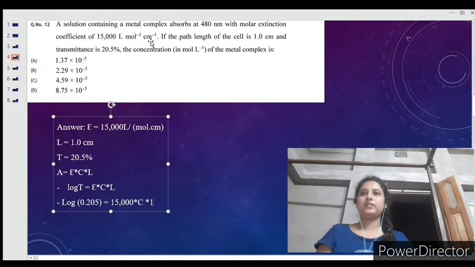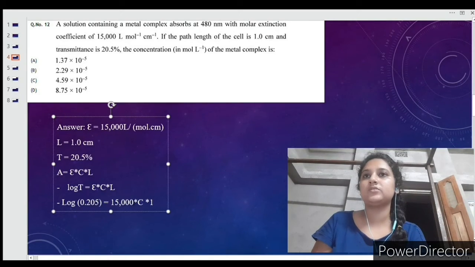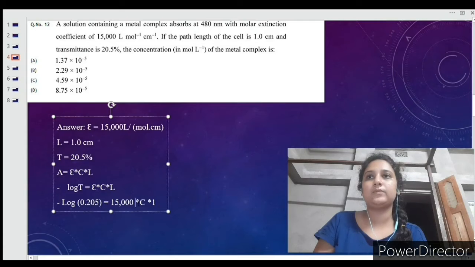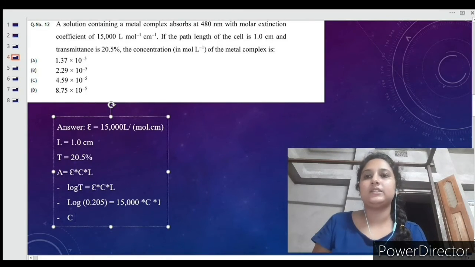Another factor is that the molar extinction coefficient is in centimeter inverse and the path length is in centimeter. So when you multiply these two, the units are also multiplied, and centimeter inverse and centimeter will cancel out, and C will come in mole per liter.